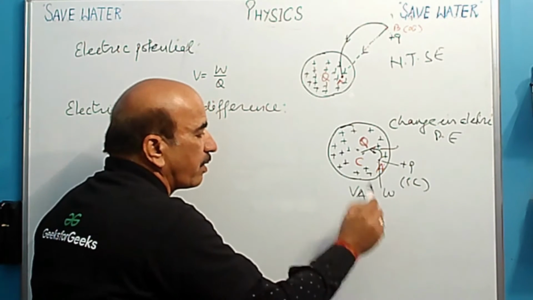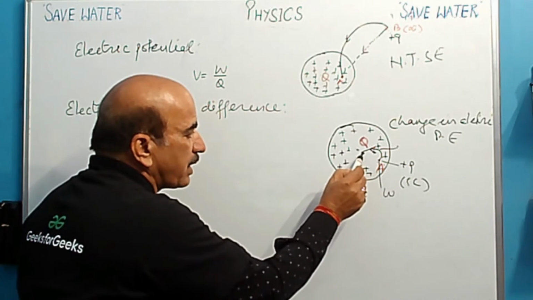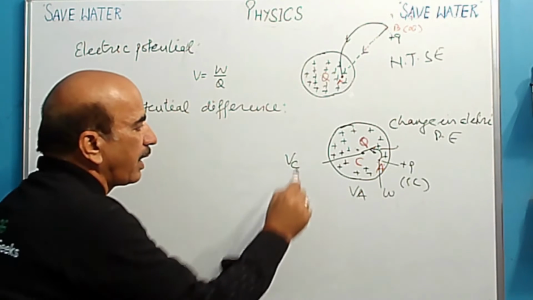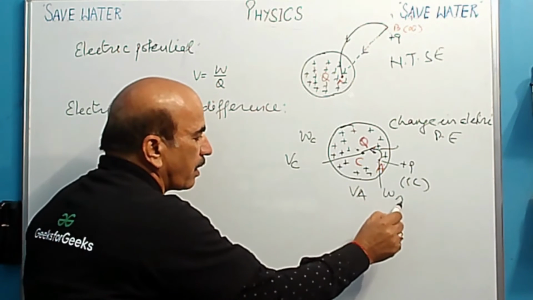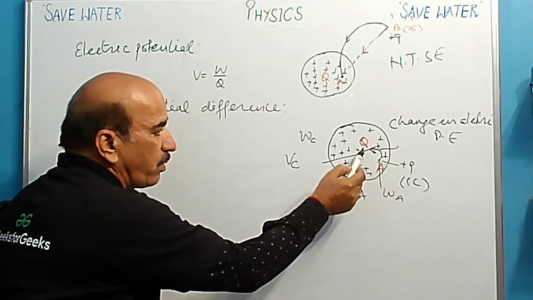It is VA. Same way when you are reaching point C, here potential will be VC. So work is done to move it from A to C.